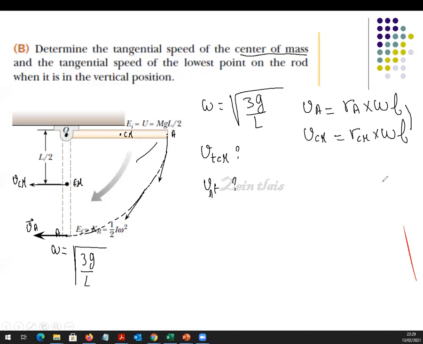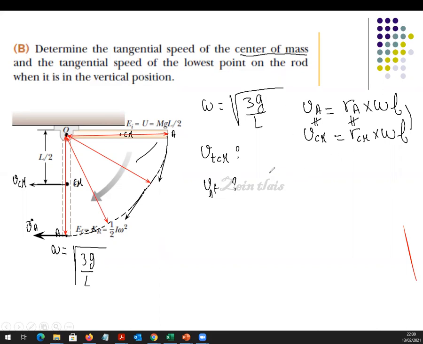We have the same omega with a different radius, so we have a different velocity. The radius of A is from the point A to the axis, this one, which is equal to L, the total L.